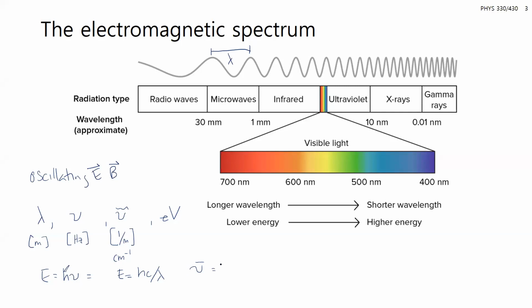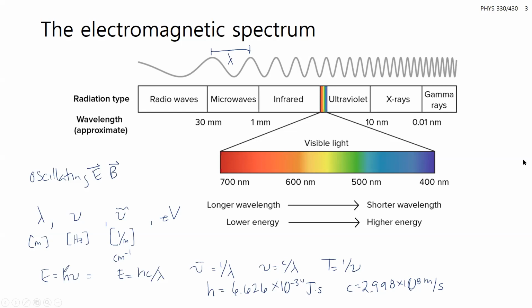Wave number is 1 over the wavelength. Frequency is the speed of light over the wavelength. And also if you want the period, it's 1 over the frequency. For Planck's constant, if you need a refresher, 6.626 times 10 to the negative 34 joule seconds. The speed of light, 2.998 times 10 to the 8th meters per second.